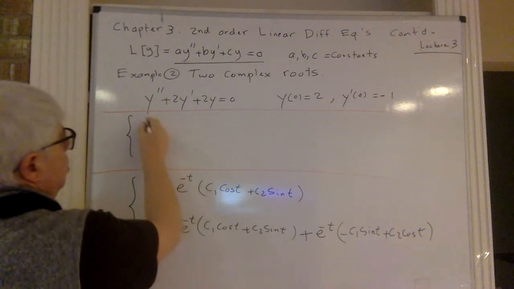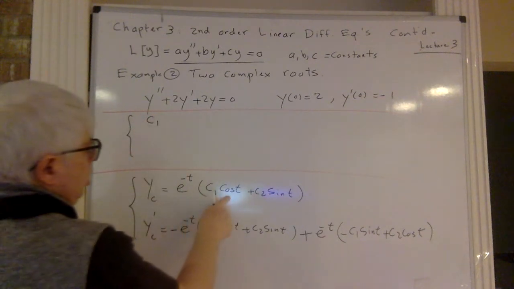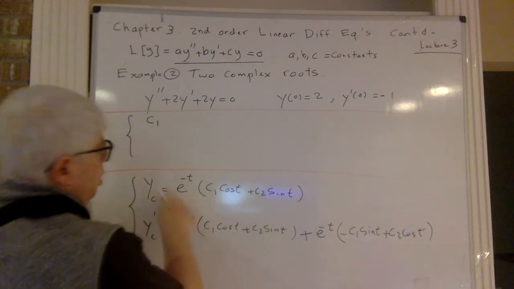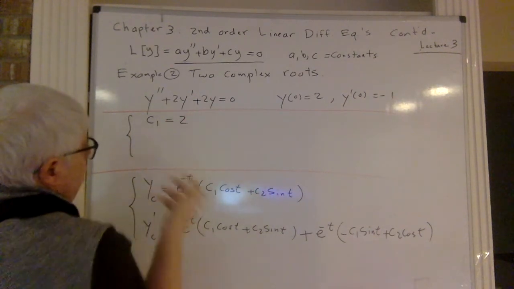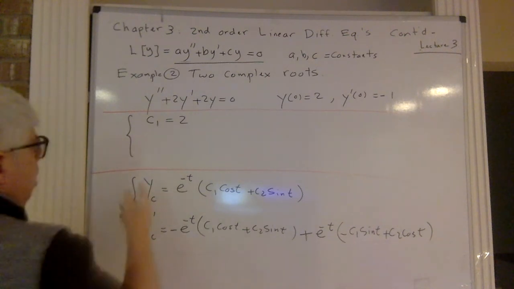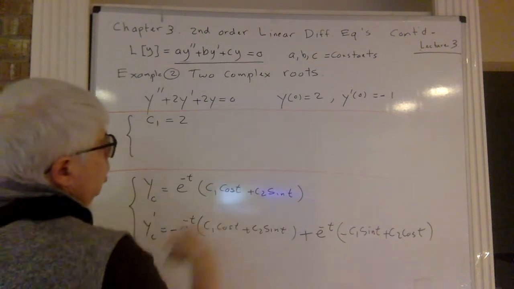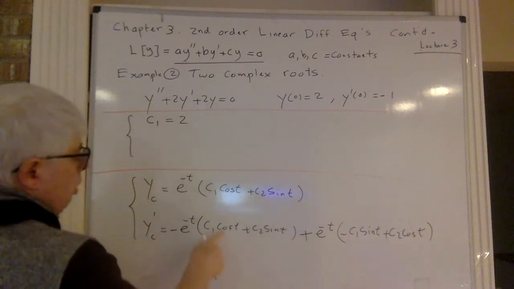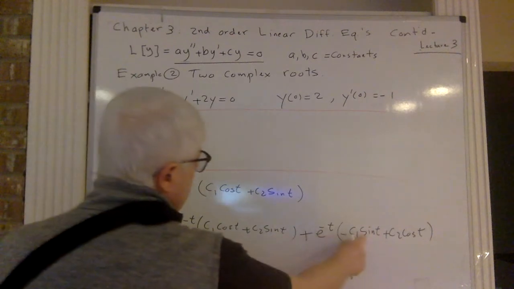So this one will be simply c1 times 1, c2 times 0, everything times 1. So this is, well, first one gives me c1. Now the second one, y prime at 0, so I will get 1 here, 1 here, 1 here, 0 here, 0 here, 1 here.